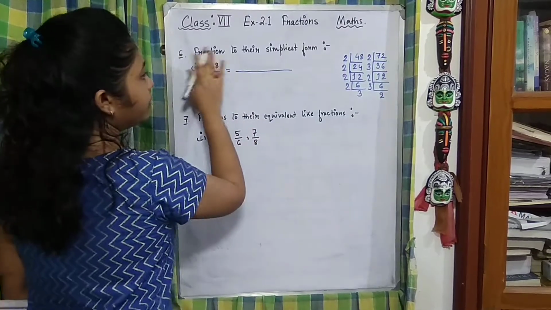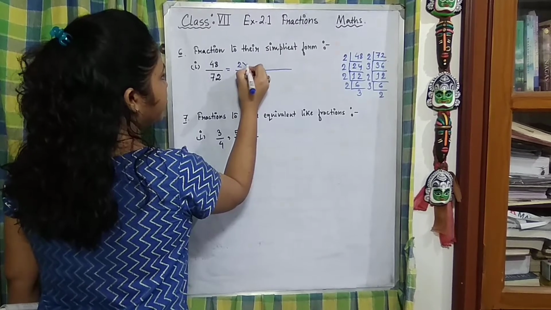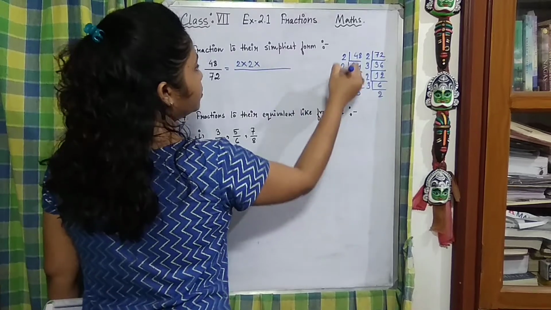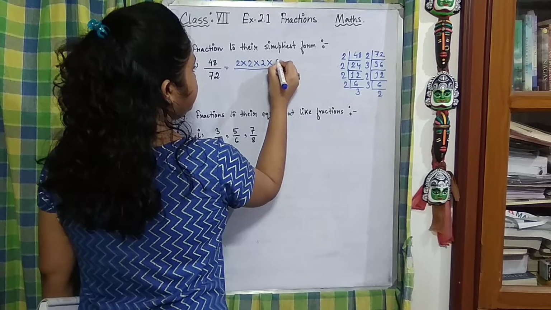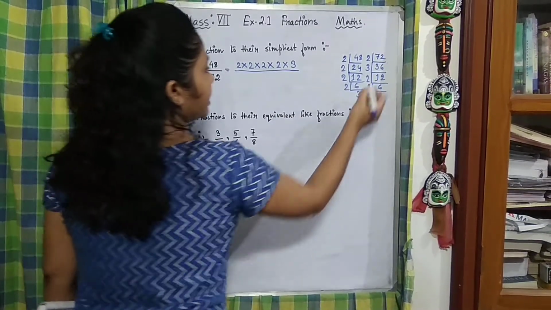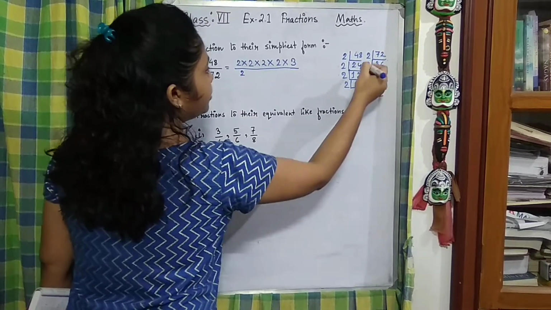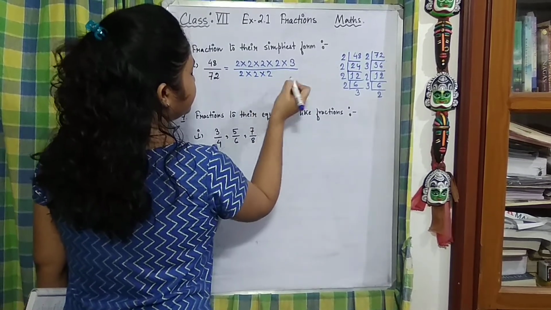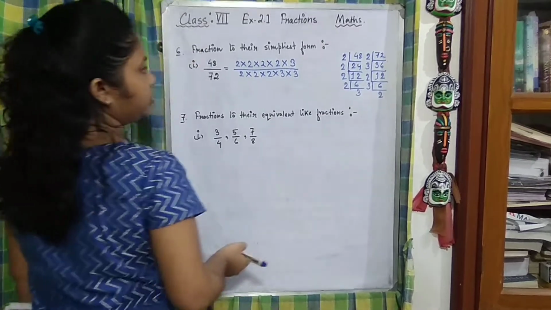Now we will proceed by multiplying these factors with each other. So how many 2's were there? 1, 2, 3, 4, with a 3 remaining. Again for the 72 we'll follow the same method, where how many 2's are there? There are three 2's. So 2 into 2 into 2, then remaining two 3's.